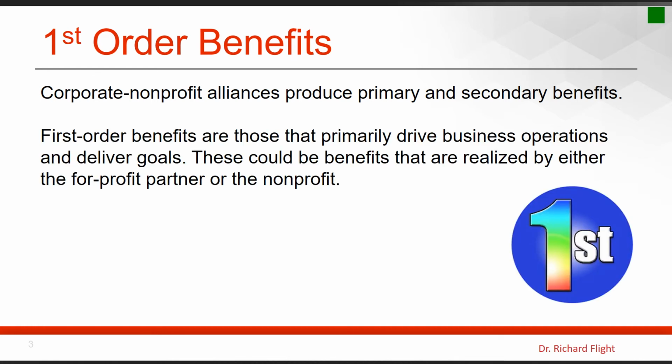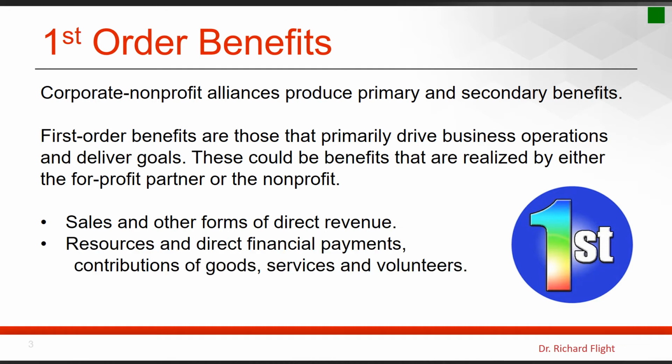These alliances produce first and second order benefits, and that's what we call them. First order benefits are the benefits that drive the primary business operations and deliver goods for each organization. Most likely, these are going to be focused on sales and other forms of direct revenue. They may also include direct financial payments, contributions of goods, services, and volunteers, specifically to the nonprofit.